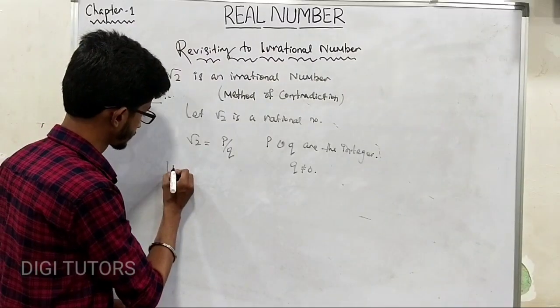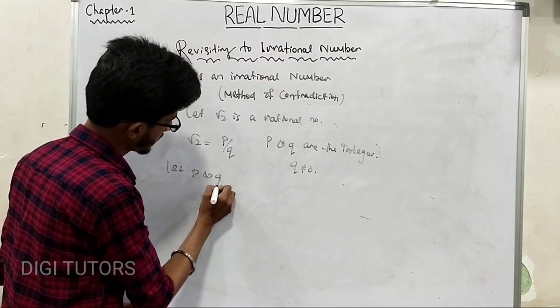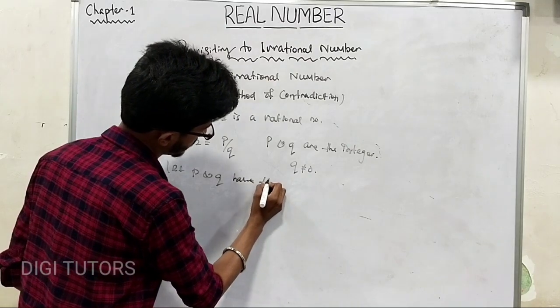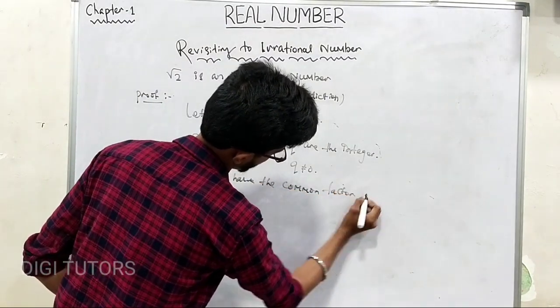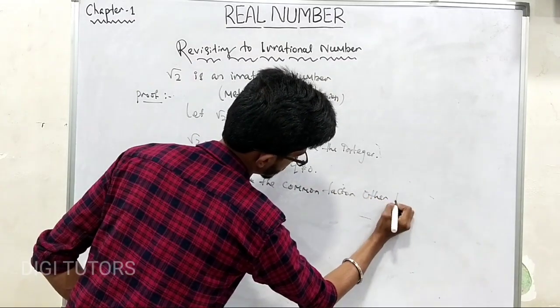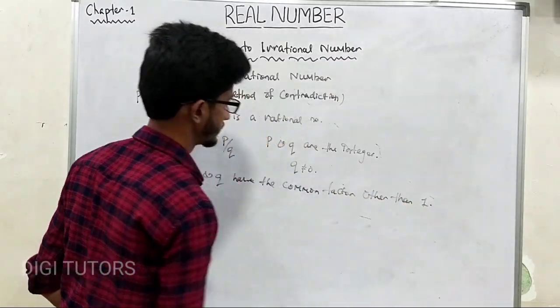Suppose p and q have a common factor other than 1.